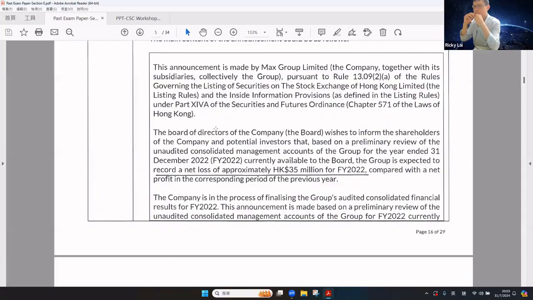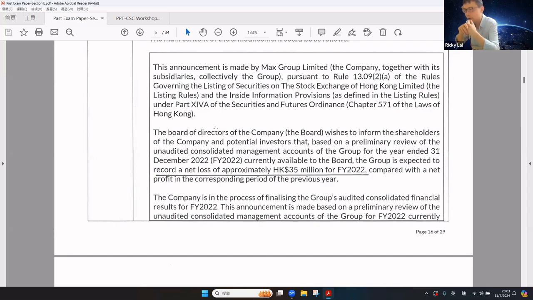Then, how to prepare the announcement? Okay, first of all, look at the SFO and the listing rule. That is according to rule number 13.09 of the listing rule, and the inside information provision and SFO, that is the introduction of the announcement.